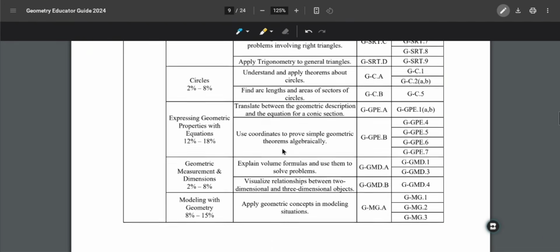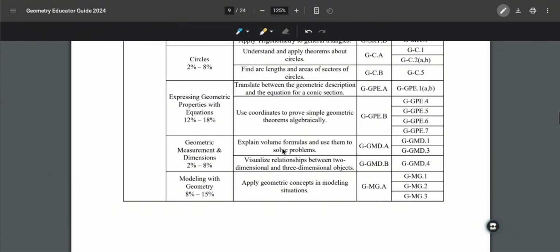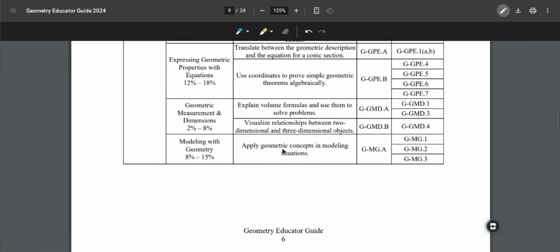For circles, you will need to know how to understand and apply the theorems about circles, so make sure you know your formulas in terms of inscribed angle, central angle, arc length, areas of the sector. Please make sure you have those memorized. For expressing geometric properties with equations, knowing how to translate between geometric description and the equation, using the coordinates to prove simple geometric theorems algebraically.